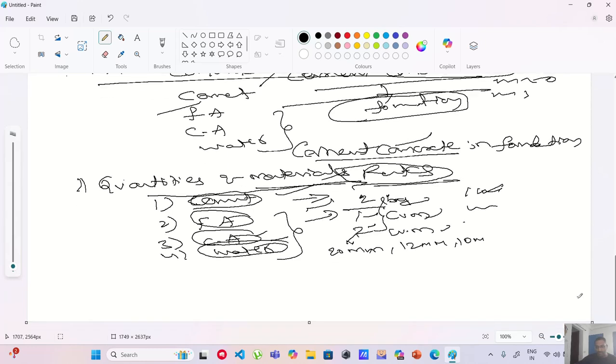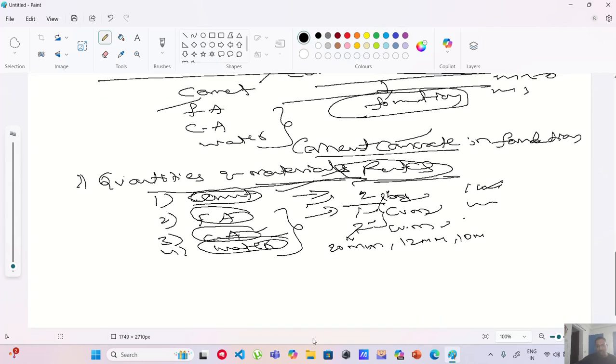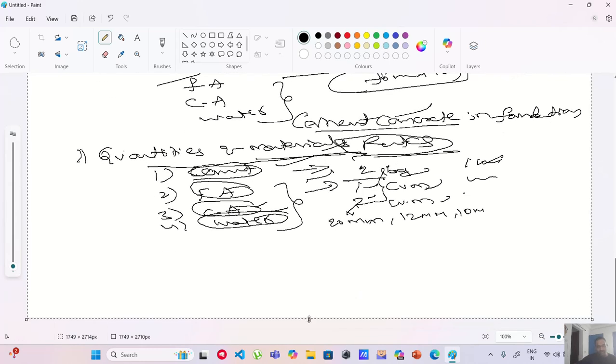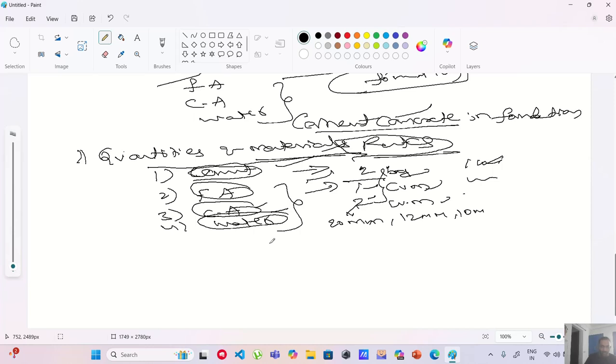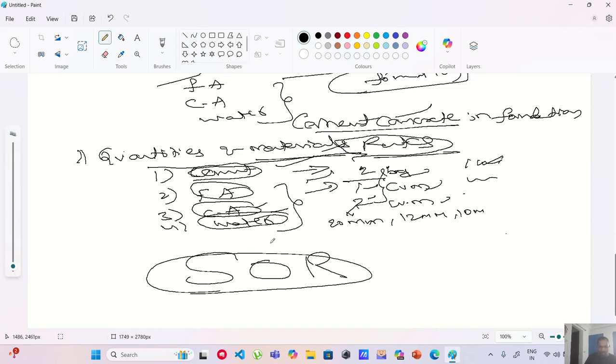How do we know this rate? In every state there is one important thing, SOR, or otherwise SSR. Rates are available for AP.